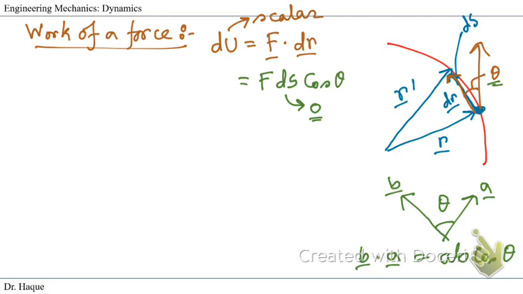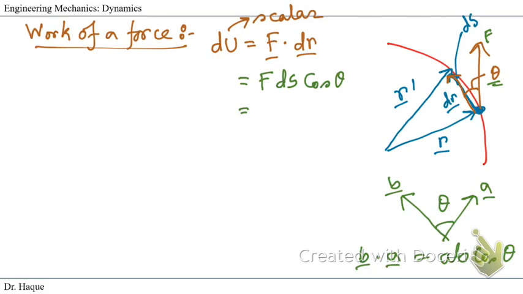So now let's look a little more deeply into this equation. If we see F in the direction of force, and if we do F cos theta, this is the component of the force.